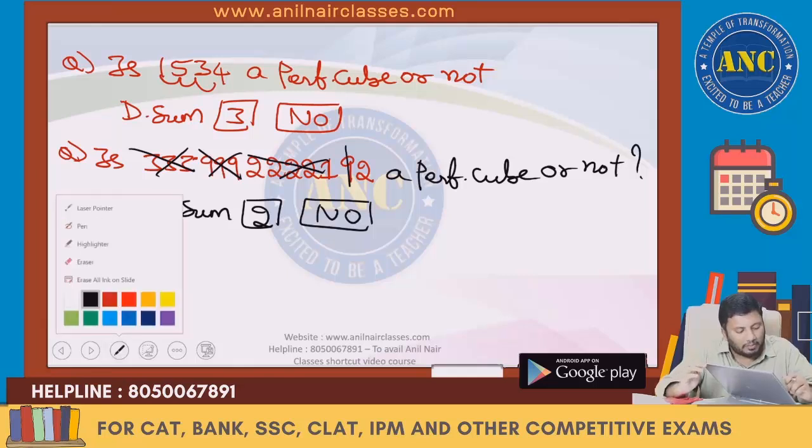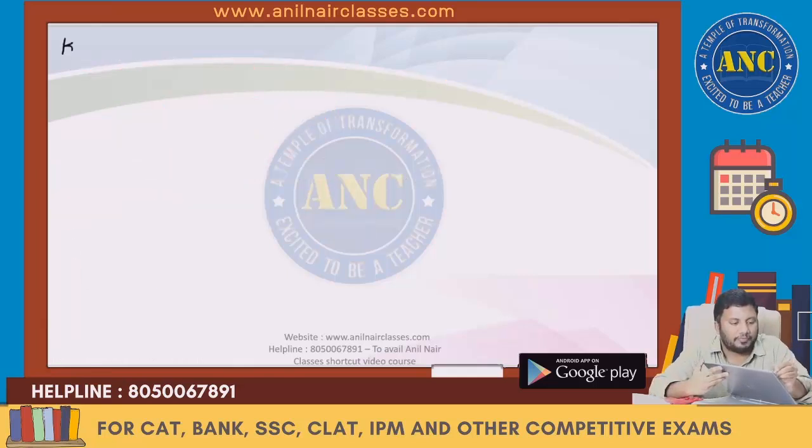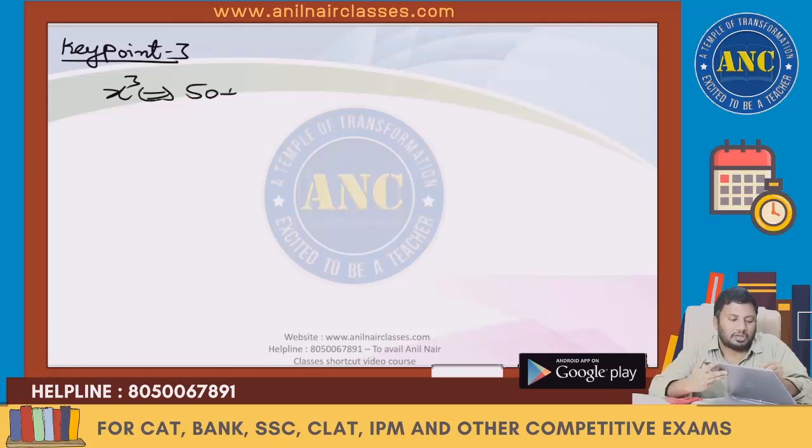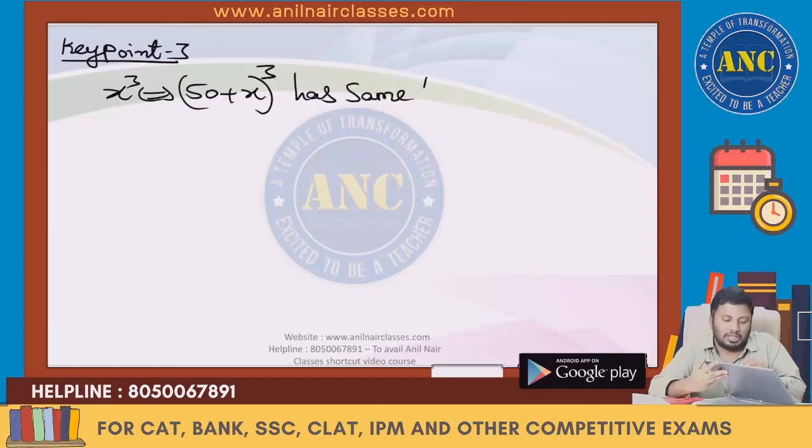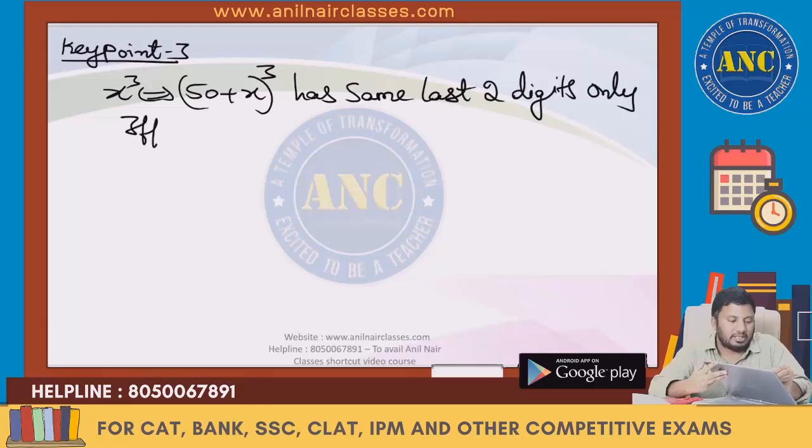Key point number 3. Please write down. x cubed and (50 + x) whole cubed have the same last 2 digits only if x is even.